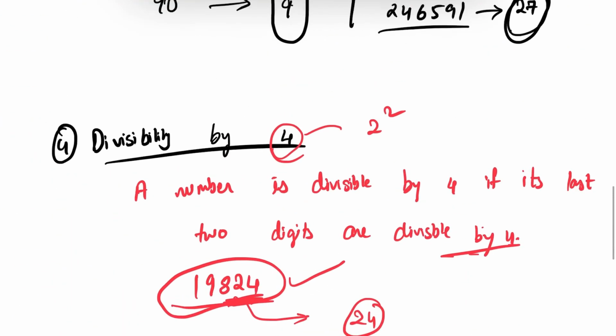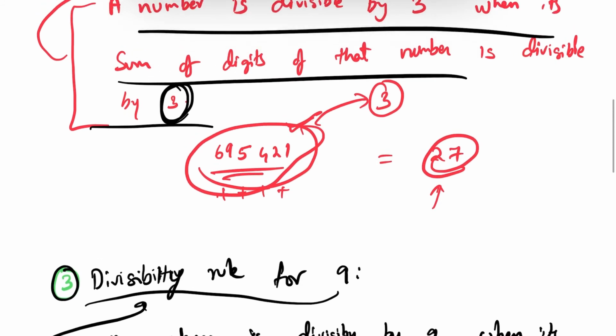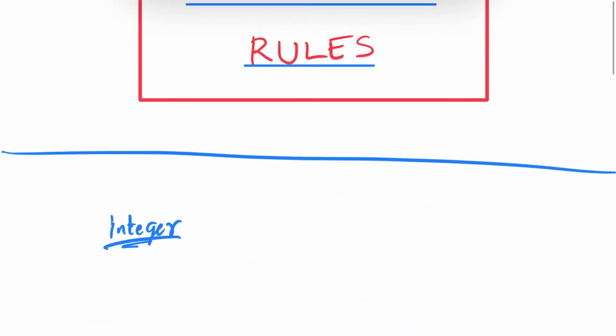Okay, the next one is divisibility by 25 and 5. So there are various other divisibility rules.